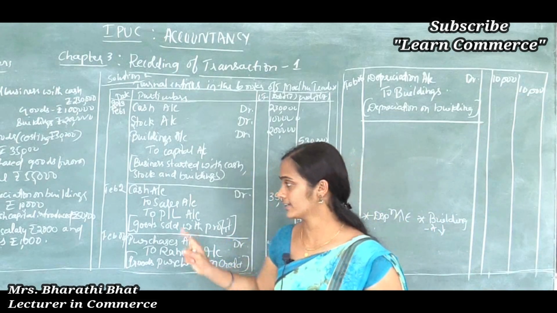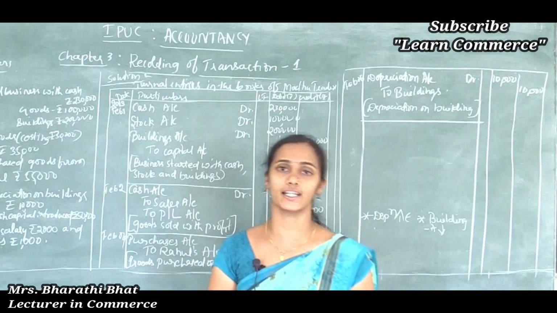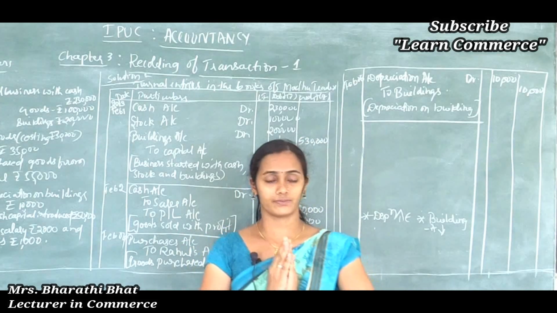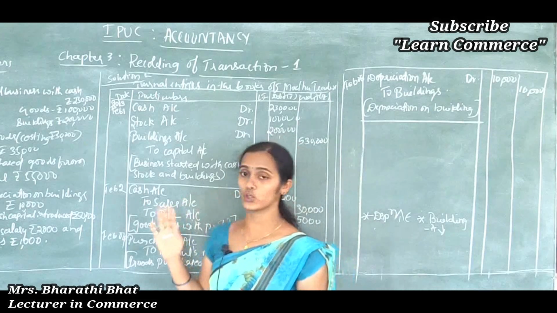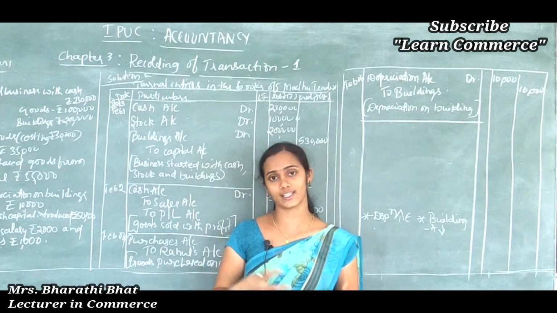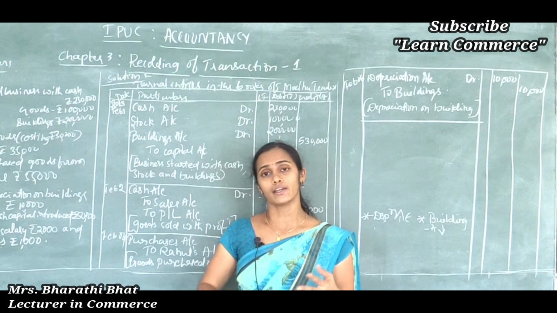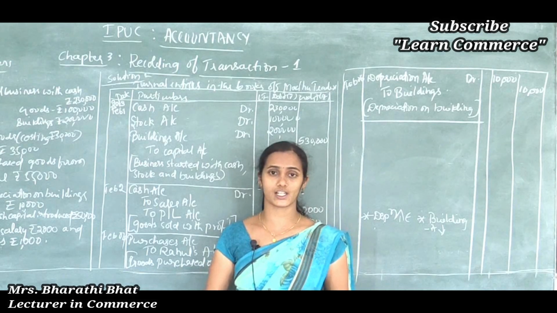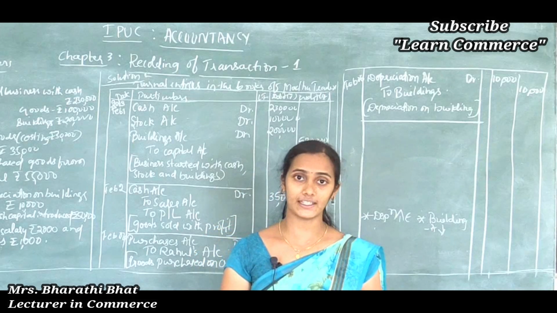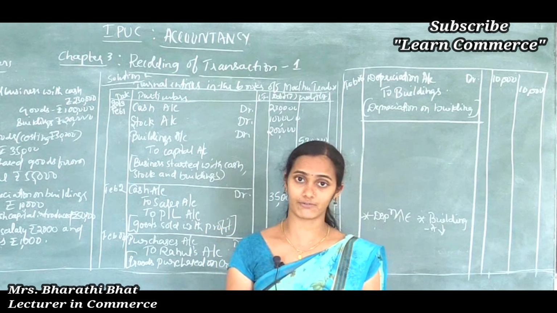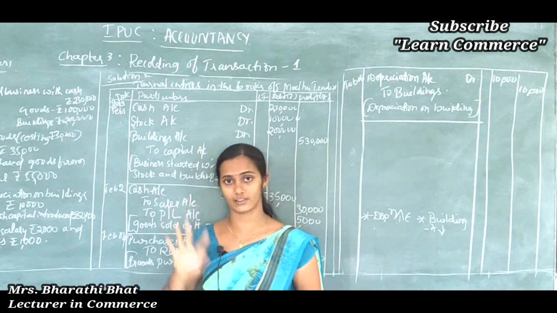Okay. The next one is fresh capital introduced. While starting the organization, if the owner brings some cash, that is called capital. Even after 15 days or in the middle of the year, if the owner introduces capital, the treatment for that transaction is the same as the first one.